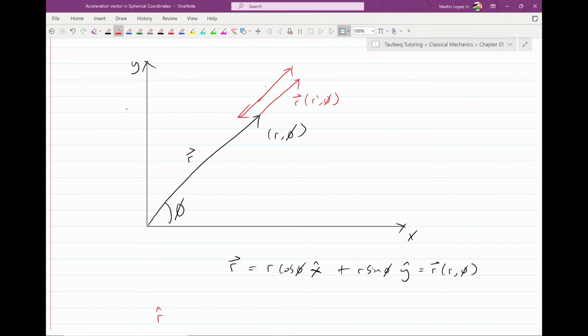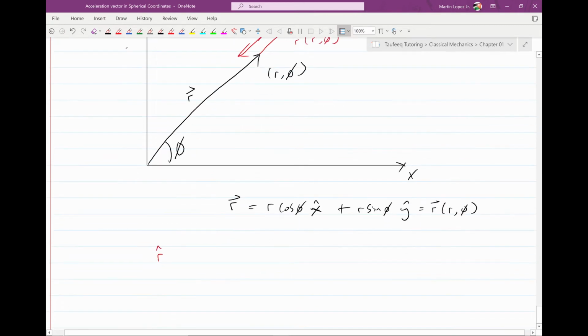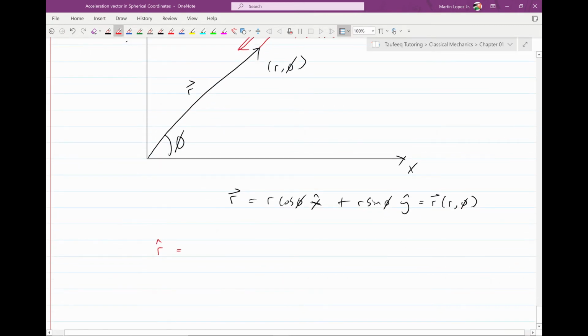Because if we can get this direction, all we have to do is normalize it, or divide it by the magnitude, and then we have the unit vector. And that is called a directional derivative, right? And since the position vector here is a function of two variables, we're going to take a partial derivative.